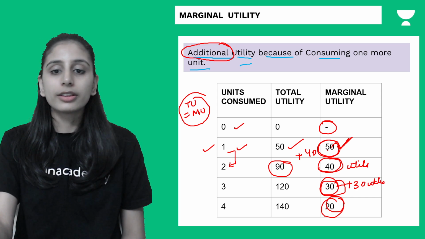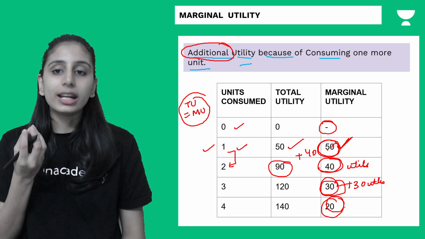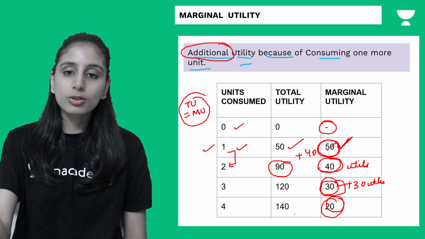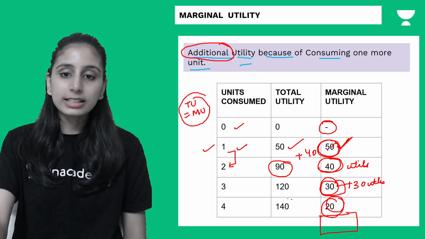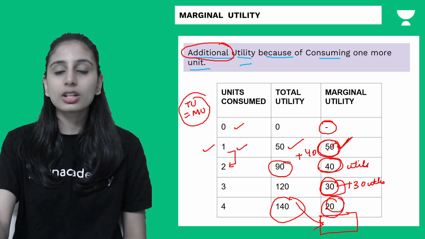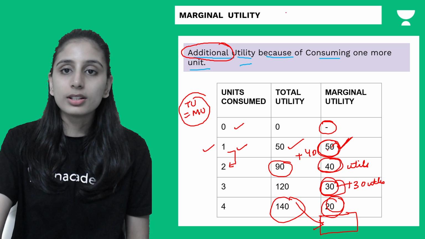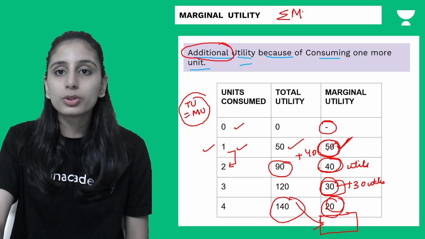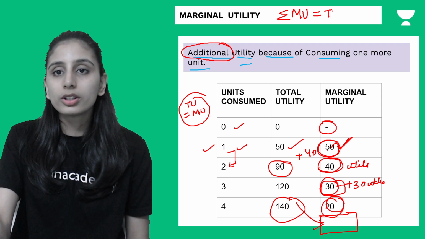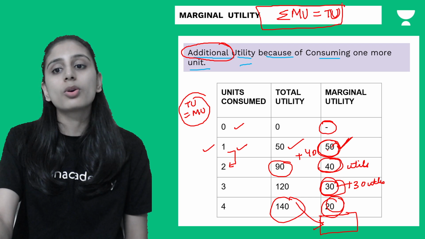All right, and the fourth 20 utils. तो जितना भी एडिशन हो रहा है, एडिशन इज मार्जिनल यूटिलिटी, और इसको अगर हम सबको सम टोटल करें तो we'll get the same figure, which means we can derive a formula from here, which is that the summation of marginal utility is total utility. ठीक है, summation of marginal utility is total utility.